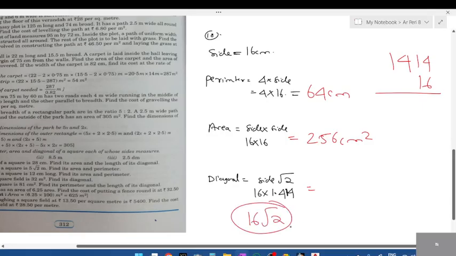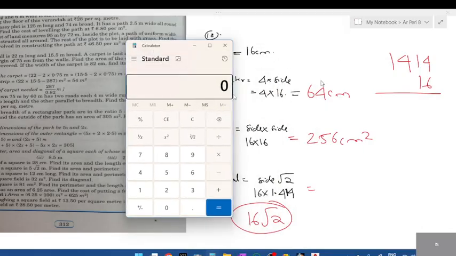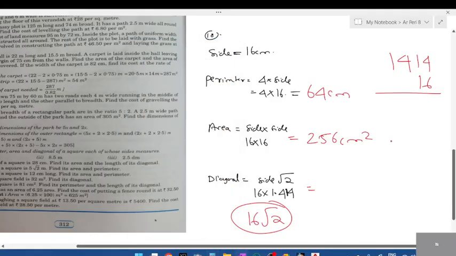What's the answer in the textbook? Okay, I'll just calculate this. Sorry, multiplication, right? 1414 into 16 is 22624.